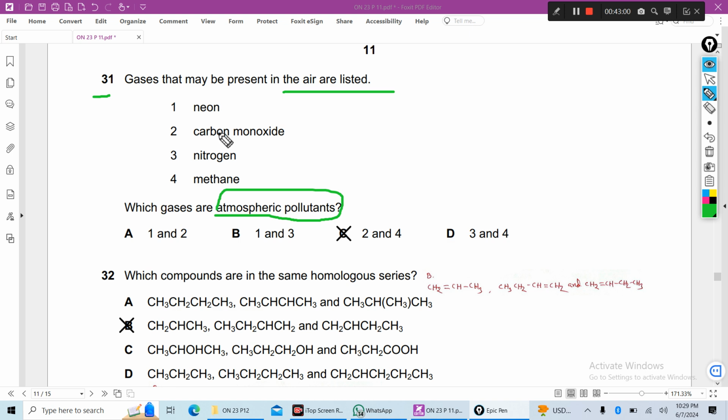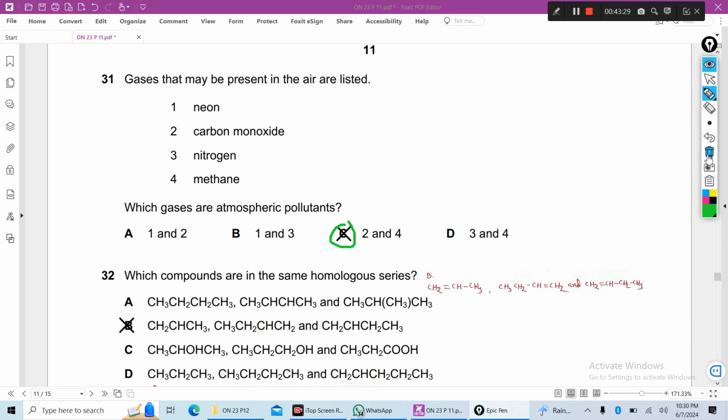Carbon monoxide is an atmospheric pollutant, and methane also, a hydrocarbon. Nitrogen is already present in air. Neon, a noble gas, is also present. So carbon monoxide and methane are atmospheric pollutants. So C is the right answer.